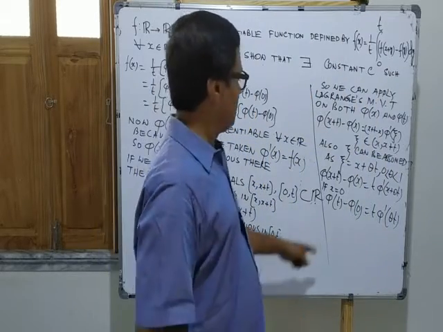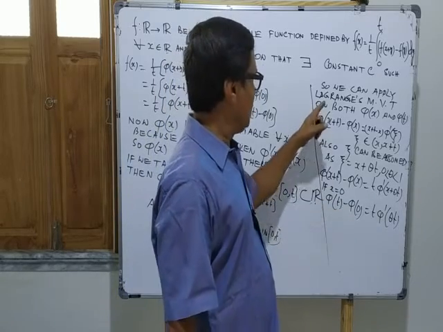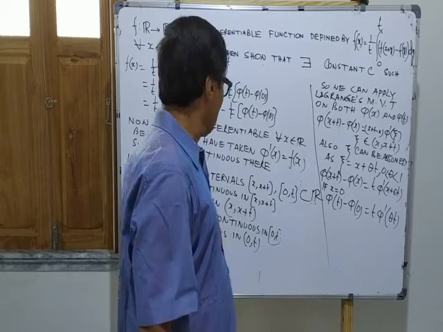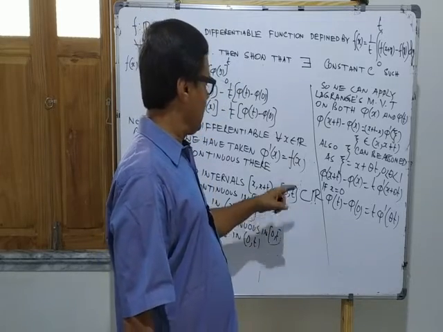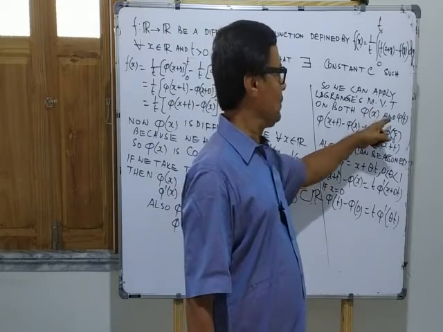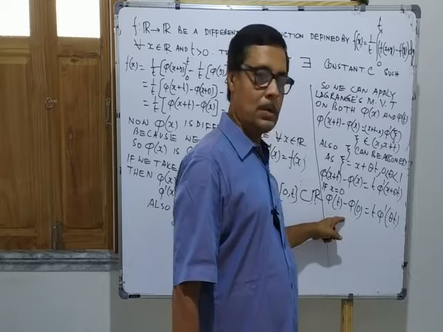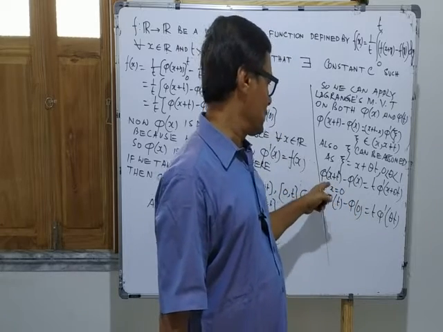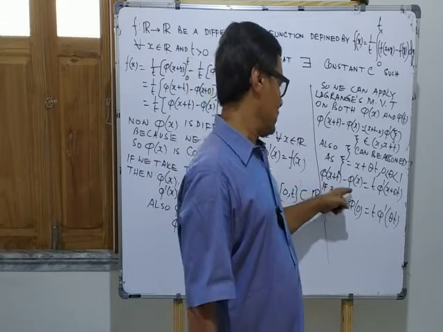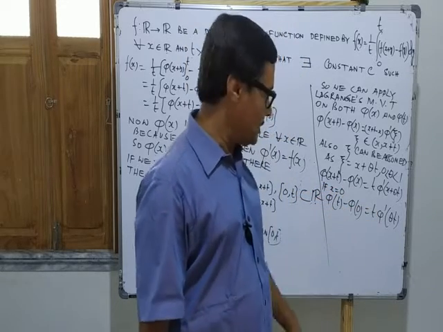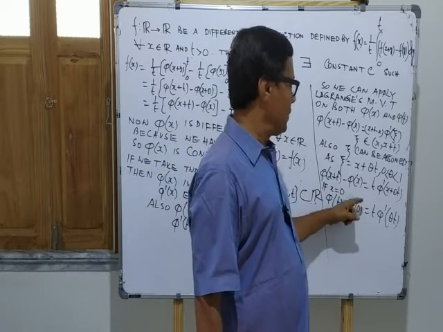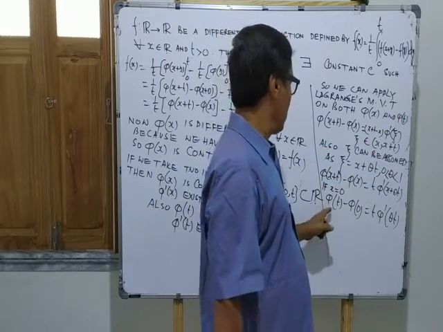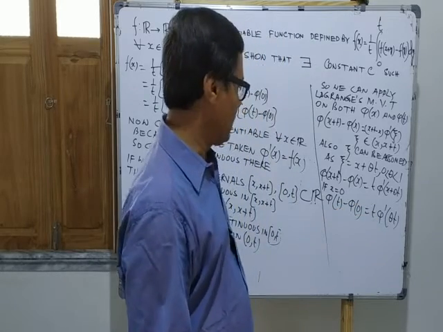We can also apply the Lagrange mean value theorem on phi t, where the interval is taken as 0 to t, and we get the same result, that is phi t minus phi 0 equals t phi dot theta t.